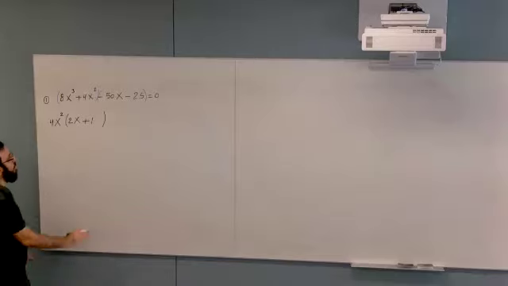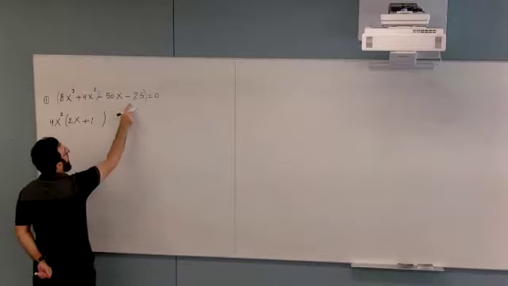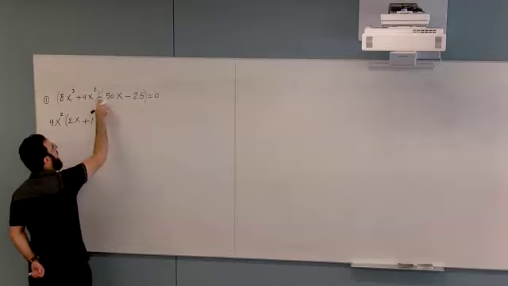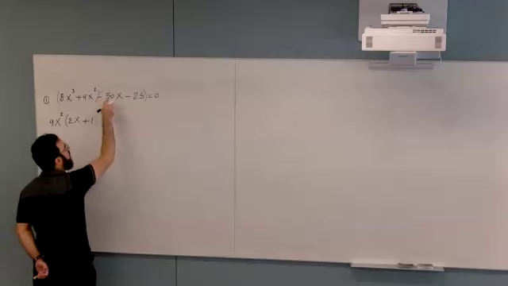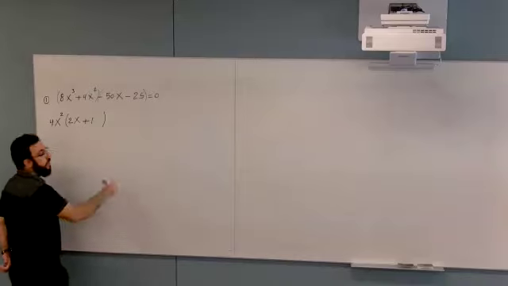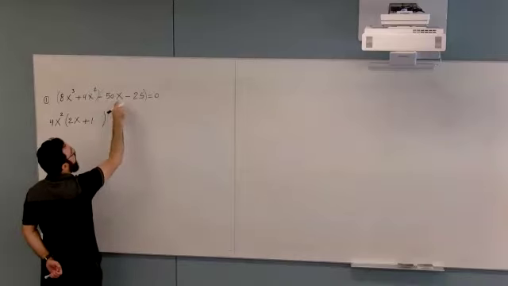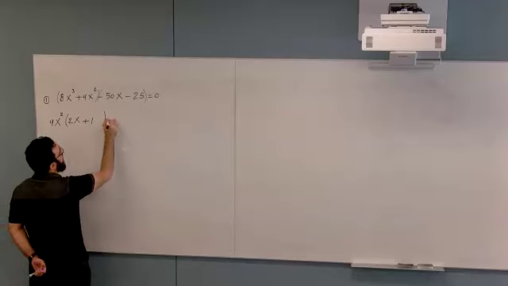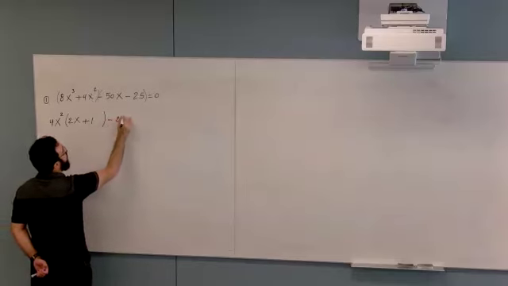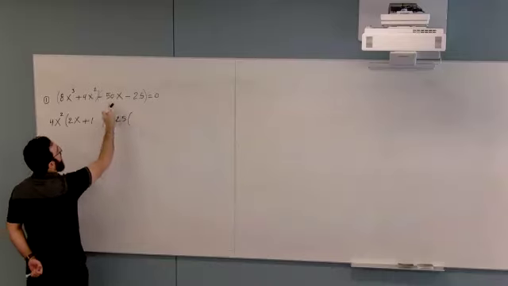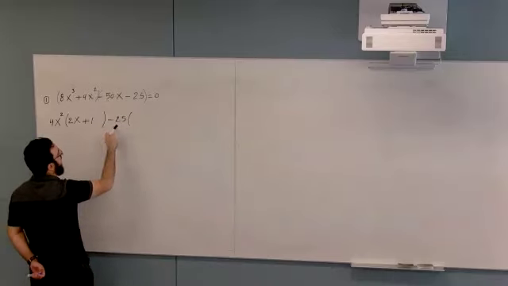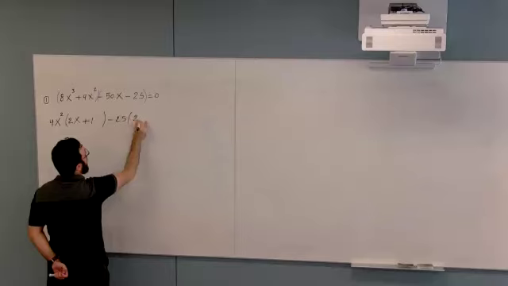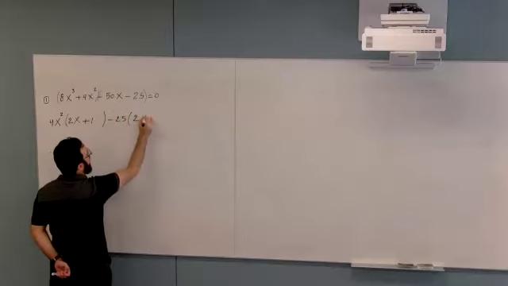Okay. Now let's look at the other 2 terms. You see that the sign in the middle is considered with the 50. So now what's the common factor between negative 50 and negative 25? Negative 25. Now negative 50 divided by negative 25 is negative 2, the x by itself.